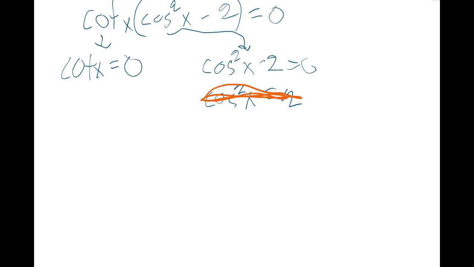Even if you take the square root, you just get cos x equals the square root of 2, which is greater than 1, which isn't possible because the maximum value of cosine is 1. So that part is just going to end there.